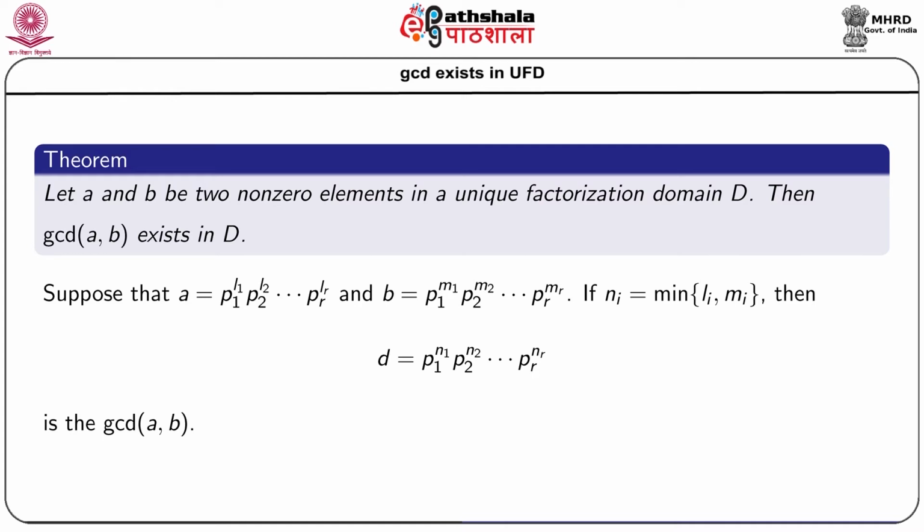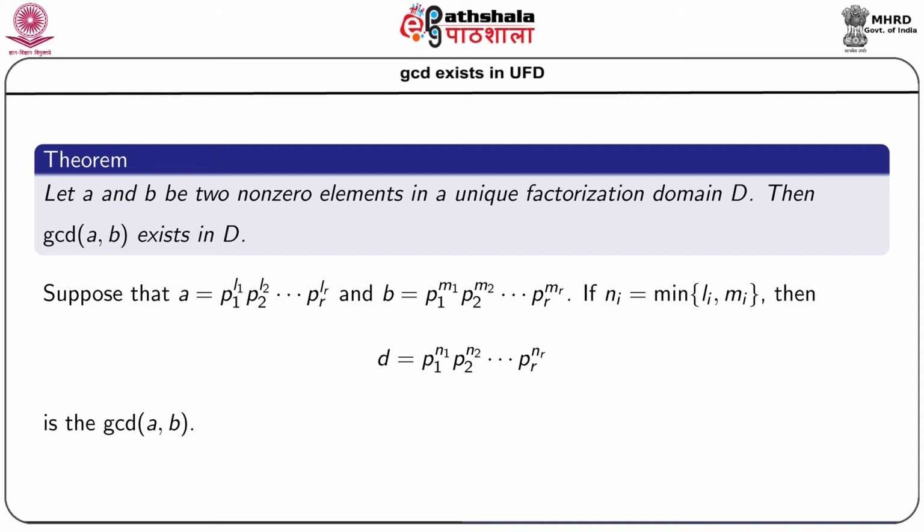That is, what I want to say is that some of L1, L2 up to Lr, M1, M2 up to Mr may be 0, and we assume that P to the power 0 to be the unity of D.